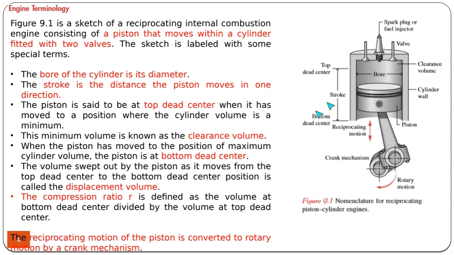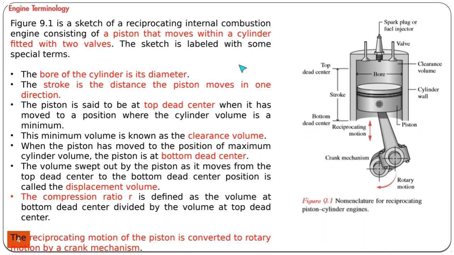And we have a volume, which is the minimum one, is called the clearance volume, and maximum volume is when the piston is at bottom dead center. The difference between the maximum and the clearance volume, which is the volume swept by the piston, is called displacement volume.